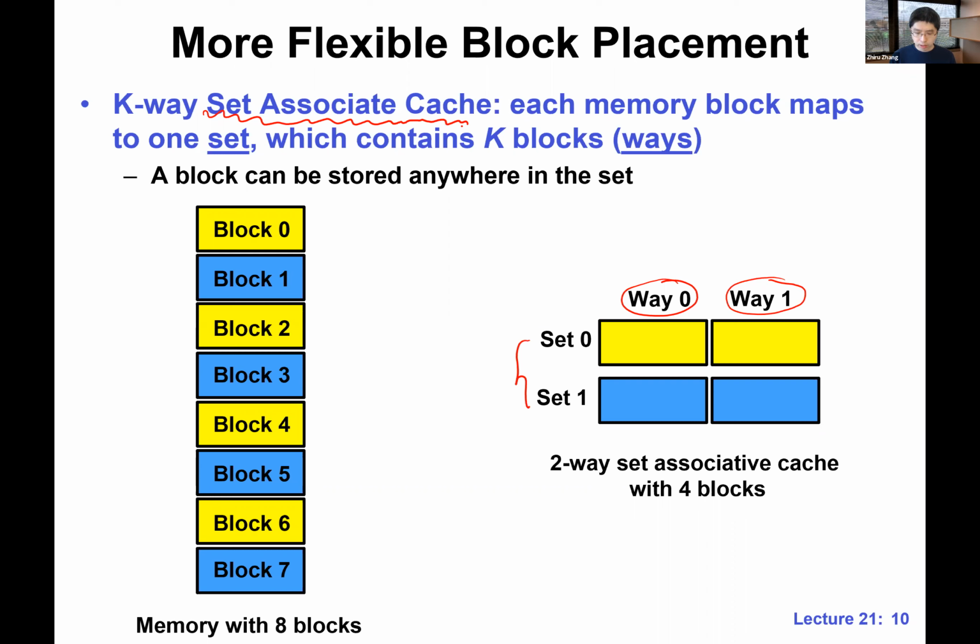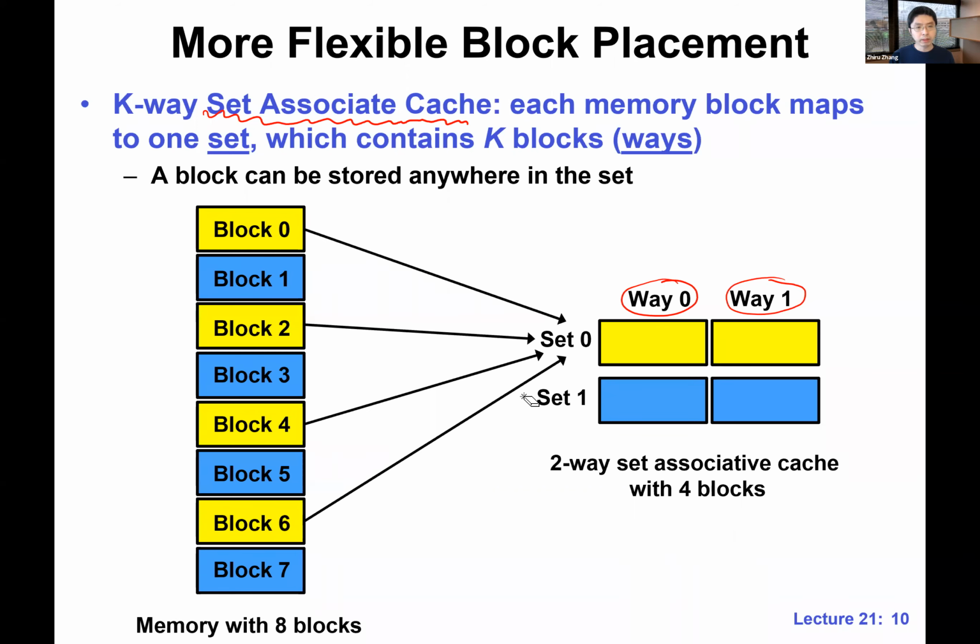With the set-associative cache, we are mapping the memory blocks not to a specific cache block, but to a specific cache set. And each cache set contains multiple blocks.